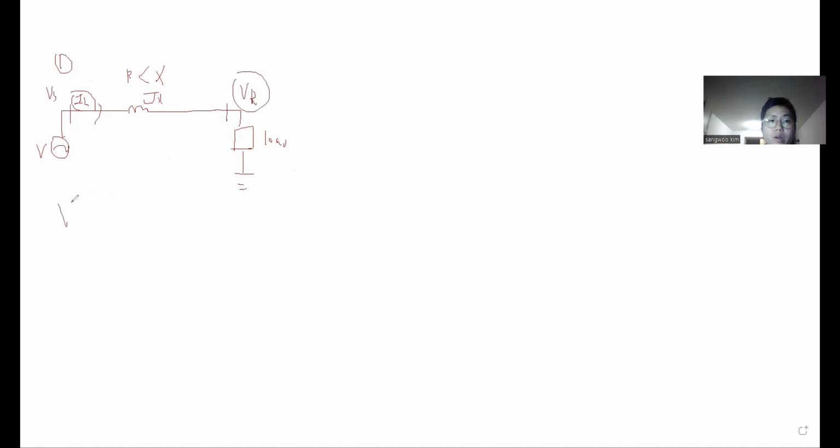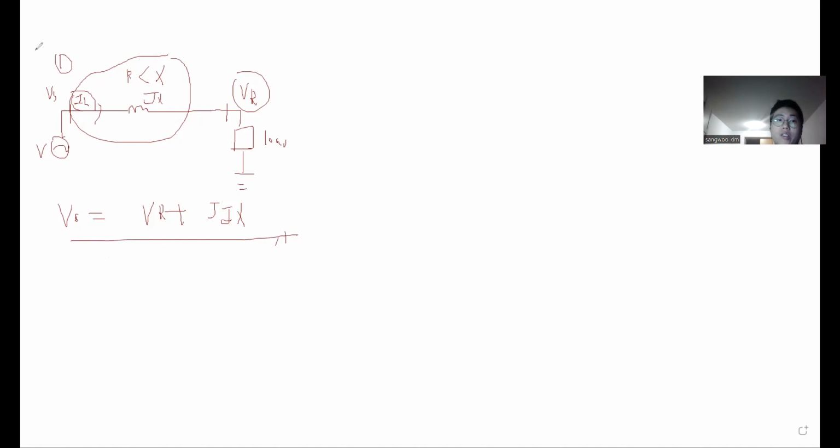So the equation is VS equals VR plus the voltage drop jIX.